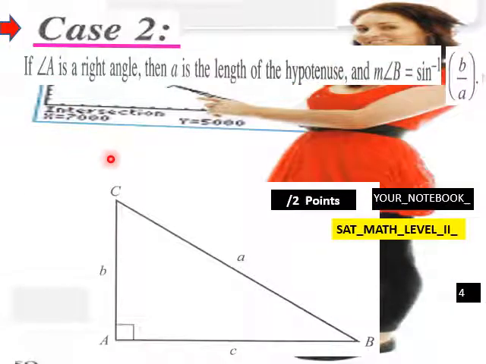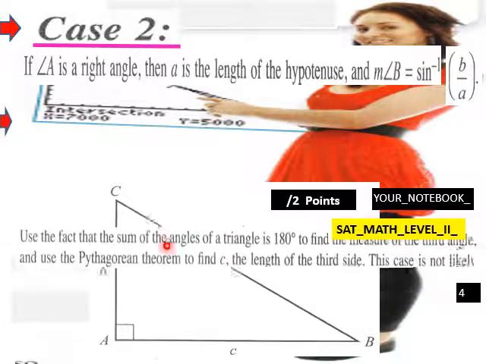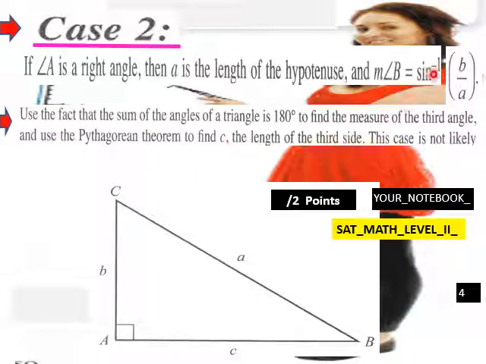Case 2, that was case 1. If angle A is a right angle, so now we're dealing with a right angle here, then a is the length of the hypotenuse, and the measure of angle B will be the inverse sine of b over a. That's kind of a shortcut there.